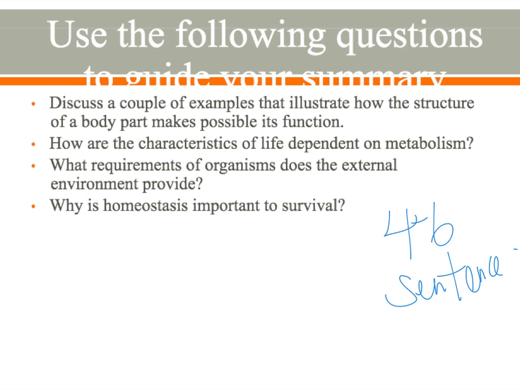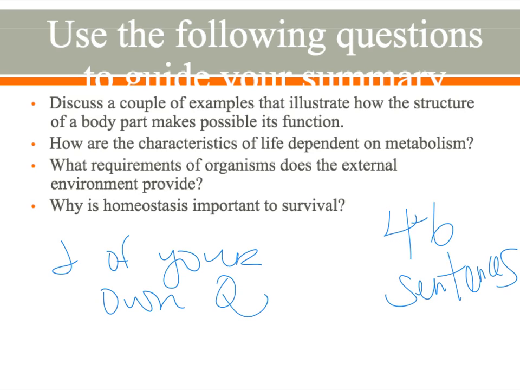Try to write from memory whatever you can think of to answer each one of these questions, and then bring in 2 of your own questions. Those can be things that are curiosity, maybe something in this set of notes triggered a question you might have, anything that didn't make sense or you would like more information on. Write those questions in the question column on your notes and we will talk about them in class.